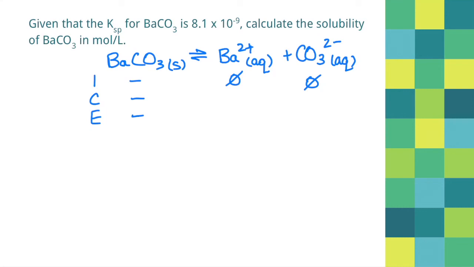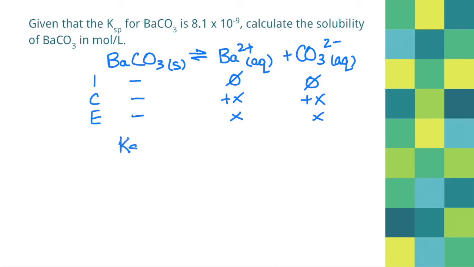In order to change to reach equilibrium, both of these ions are going to go up by x, and so their equilibrium concentrations are going to be x. And you have to keep in mind that that x represents the molar solubility. It's what we're trying to solve for in this question.